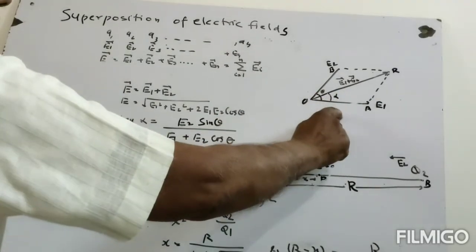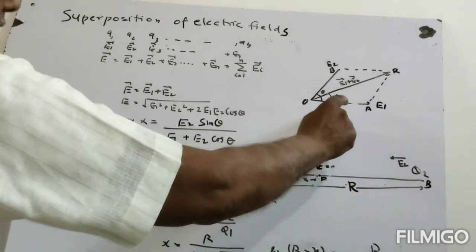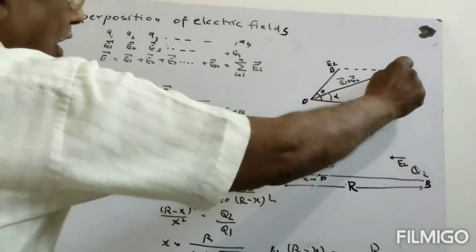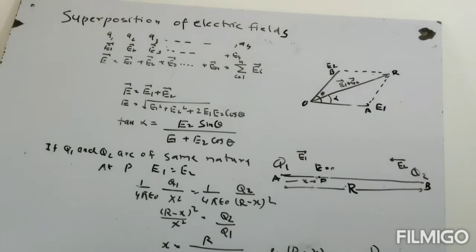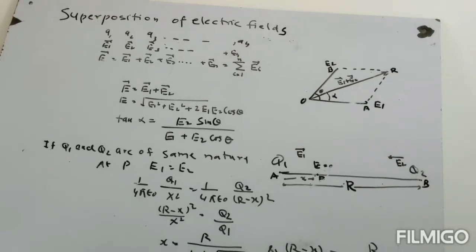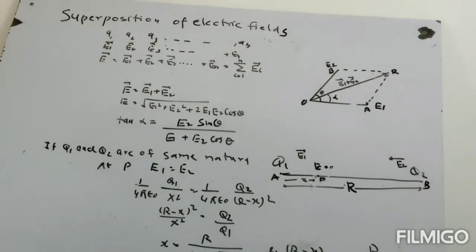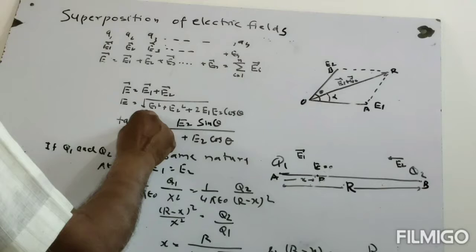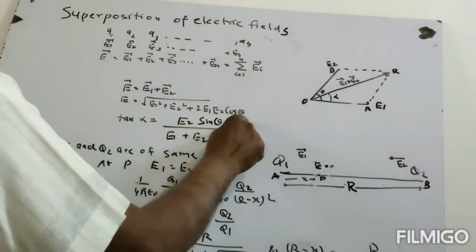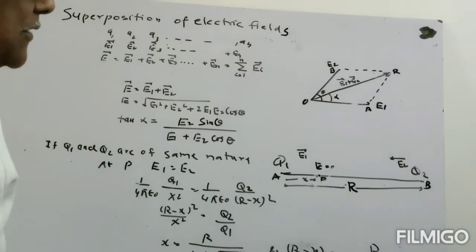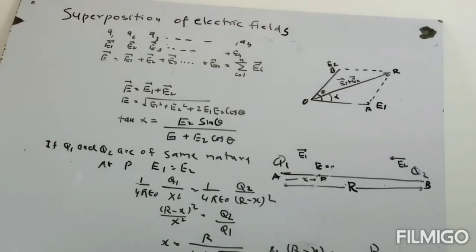We can complete the parallelogram and the resultant is OR, which is equal to E vector equal to E1 vector plus E2. The magnitude of this E vector will be equal to the square root of E1 square plus E2 square plus 2 E1 E2 cos theta, where theta is the angle between E1 and E2, that is angle BOA.